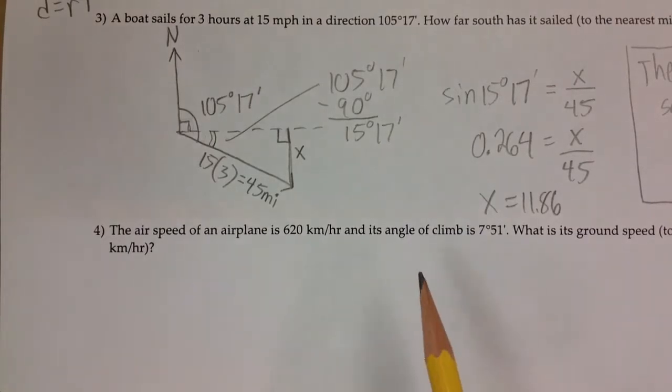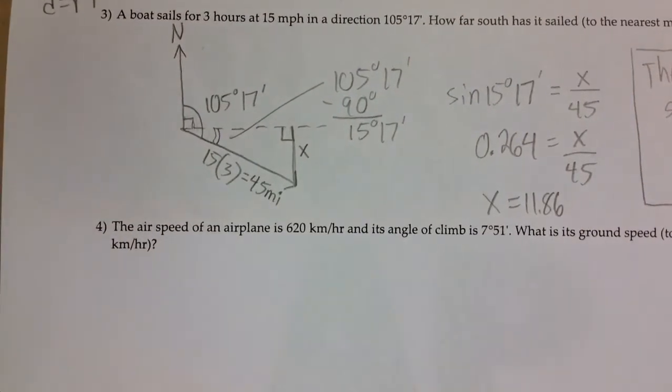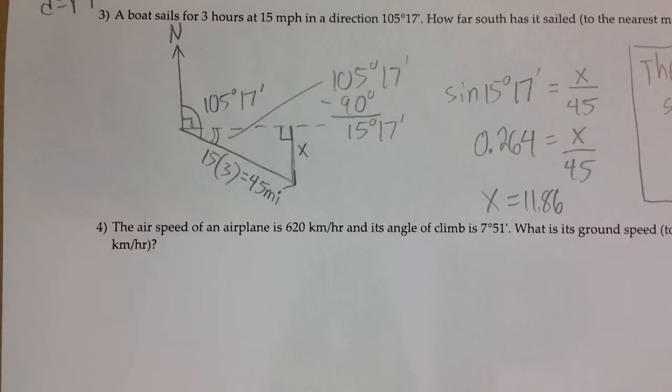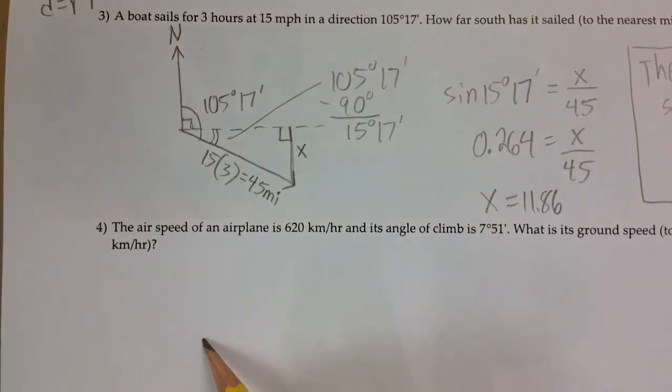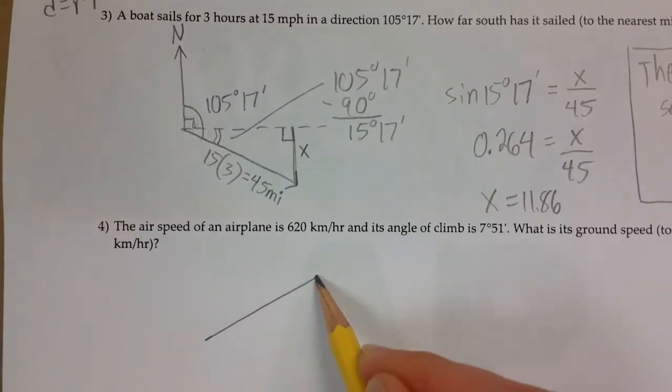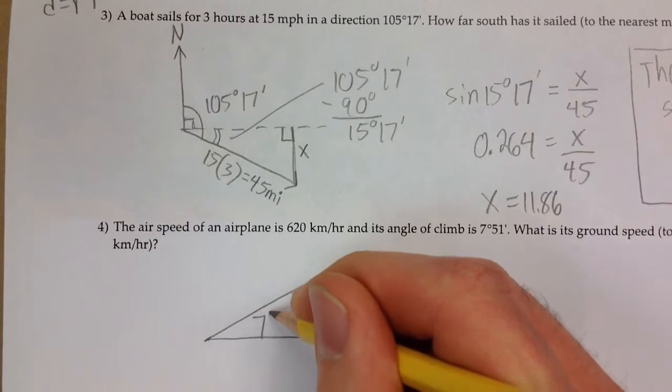So you can also use right triangles to analyze situations that involve simply speeds or velocities, which is pretty cool. In physics, you might study vectors. This is what this is all about. Okay, airspeed, speed through the air. We've got an angle of climb. That can help you. So it's like an angle of elevation.